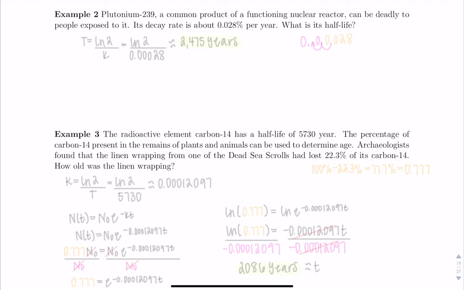So we've got 4 zeros with a 28. And that gives us about 24,755 years.